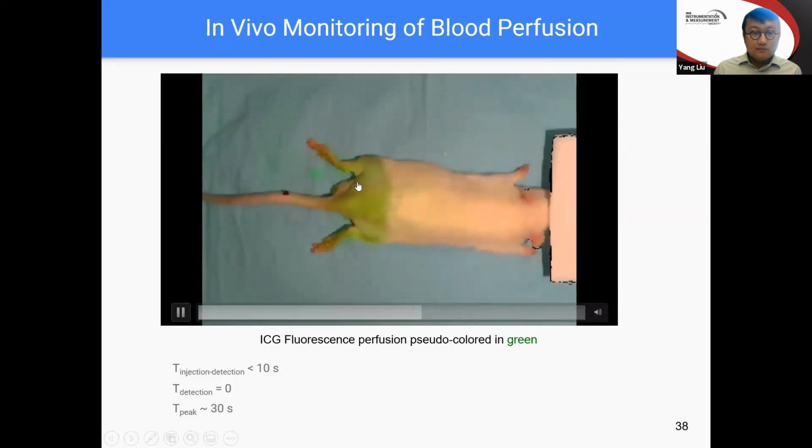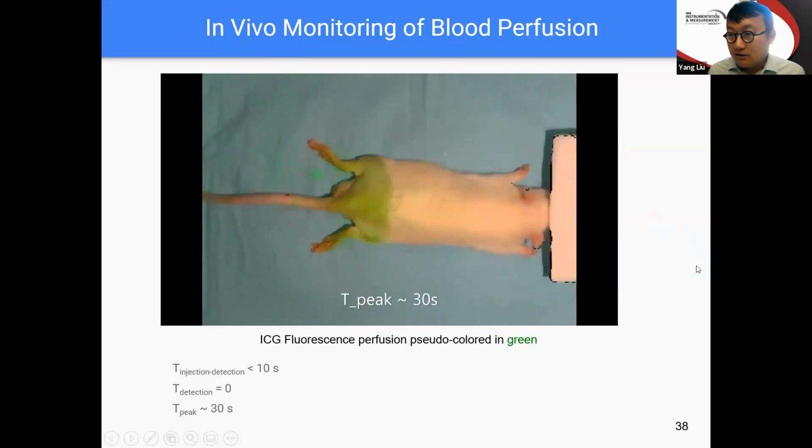As shown by the system, this area has a peak fluorescence around 30 seconds, and after that the fluorescence value drops. Because the system is quantitative, we can make a plot of the fluorescence perfusion, which can shine additional light into the perfusion status of this particular area of tissue.